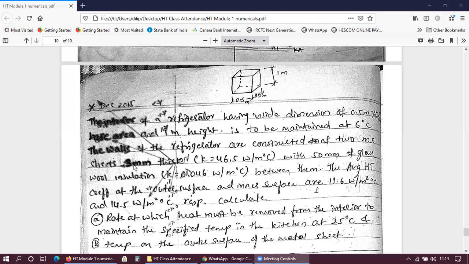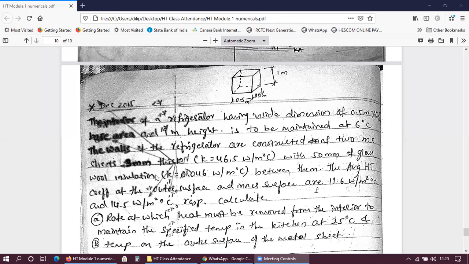MS sheets, 3 mm thick, having a thermal conductivity of 46.5 watt per meter degree Celsius, with 50 mm of glass wool insulation. So in between these two MS sheets, a glass wool insulation has been provided.